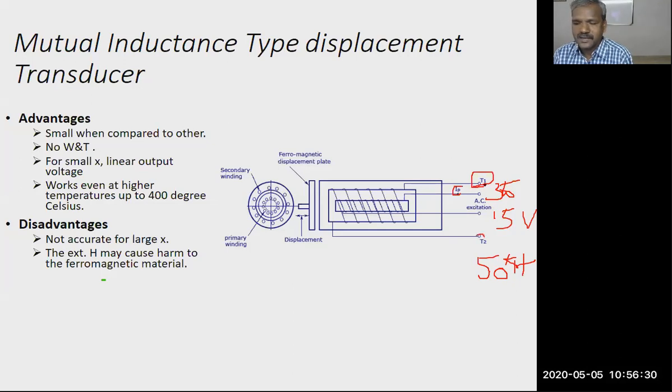These two terminals can be connected to any one arm of an AC bridge for amplification. In the previous inductive transducer, the core is inside the primary and secondary coil, whereas here the core is externally placed.